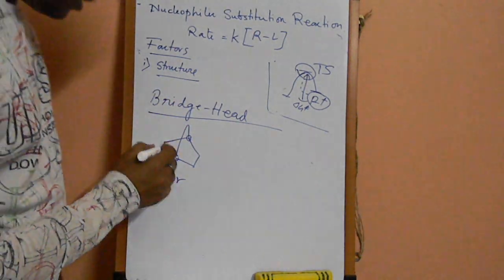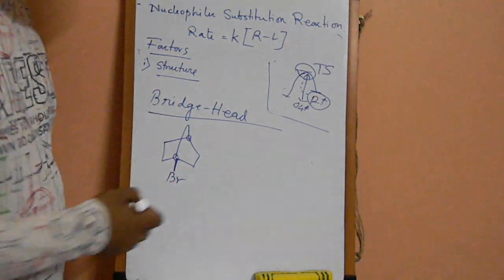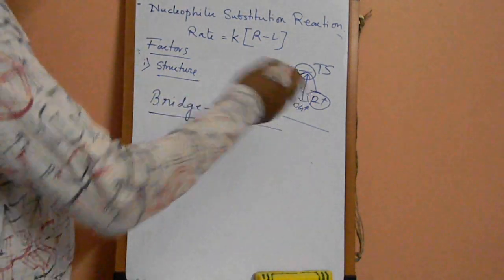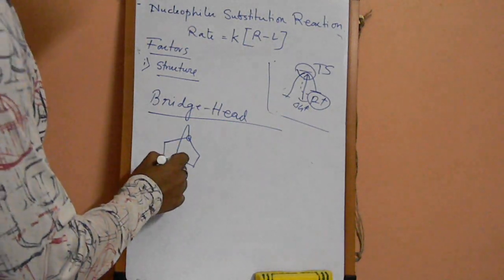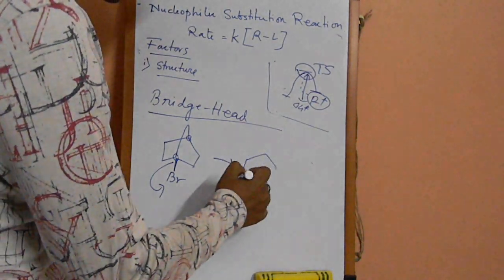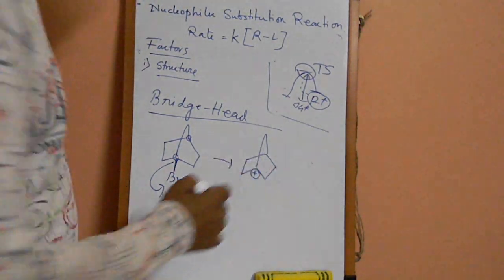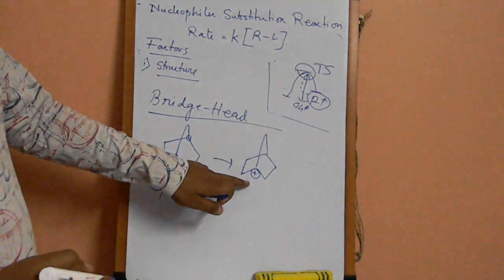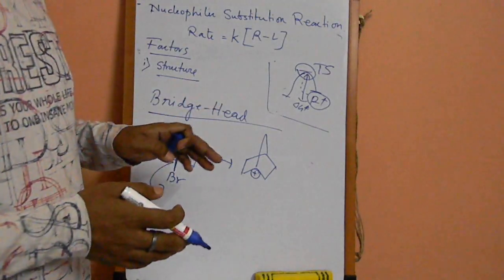Now if any leaving group is attached to it here, like any halogen or OTS, it is difficult to remove these and produce this type of carbocation, because it will impose huge distortion in the ring, because it is a rigid structure.